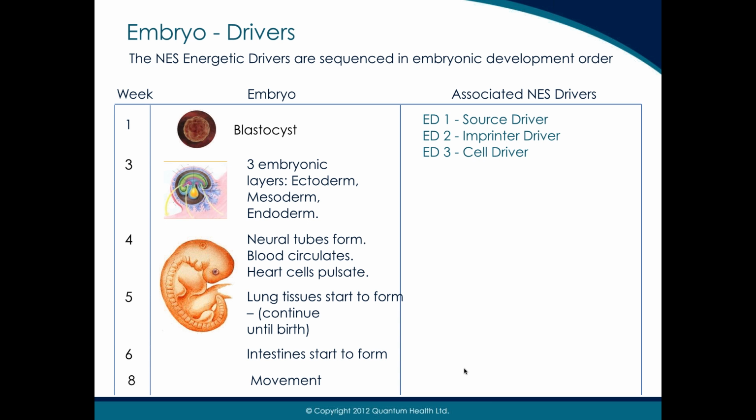That in the first week, ED1, 2, and 3 are the most important activities on that level. So when you have a patient or client and ED1, 2, or 3 is in a deficit, you know that's where the embryology of life starts. And every second, your body needs that information in the right way.